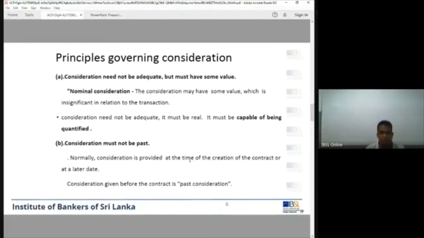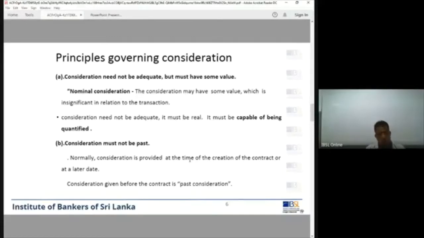Let's take an example. Say we are purchasing a land, and the land value is 5 million. Then the purchaser has to pay the value in rupees or in dollars. It should be a quantifiable amount. So that is called a consideration.